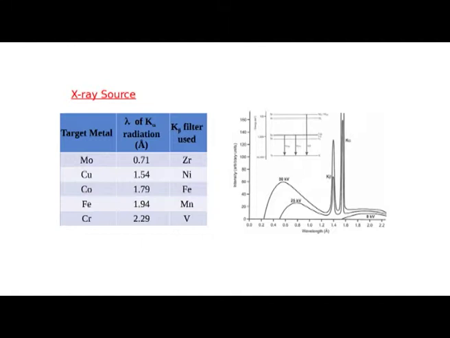Molybdenum, at a lambda of 0.71 angstroms, copper 1.54 angstroms. Copper is the most widely used X-ray source. And then we have cobalt, which is 1.79 angstroms, iron, which is 1.94, and chromium 2.29. So, depending on the kind of application, we will be varying. We can vary the tube also.